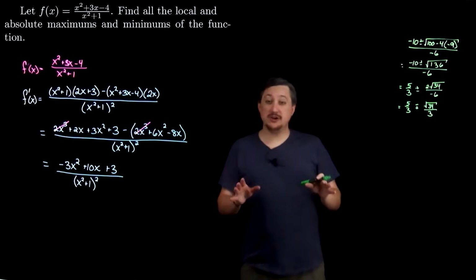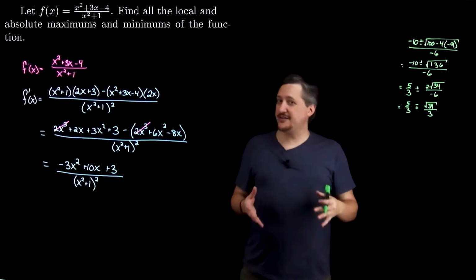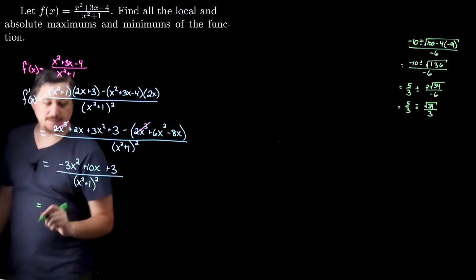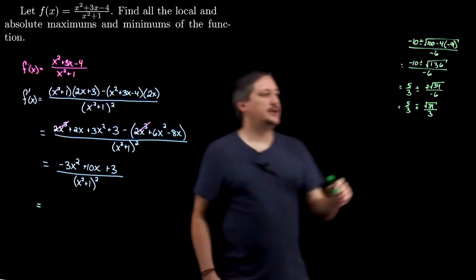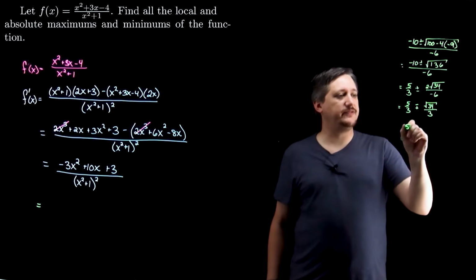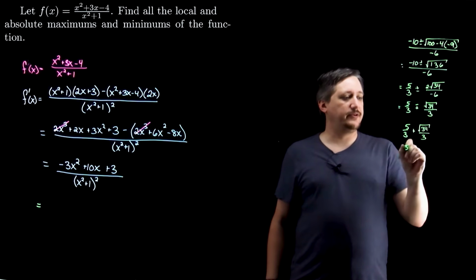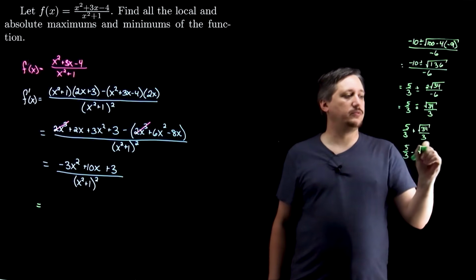Really what I need to worry about here, because all I'm going to care about is the sign chart, right? So in particular, I'm getting as my zeros 5/3 plus the square root of 34 over 3 and 5/3 minus the square root of 34 over 3.